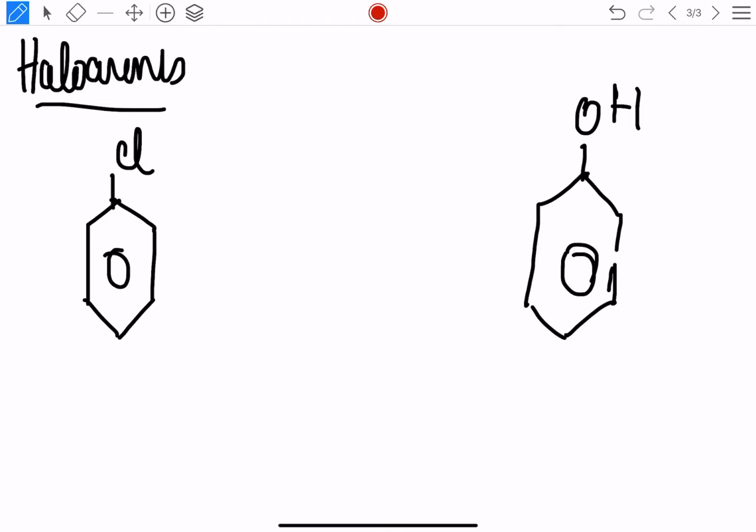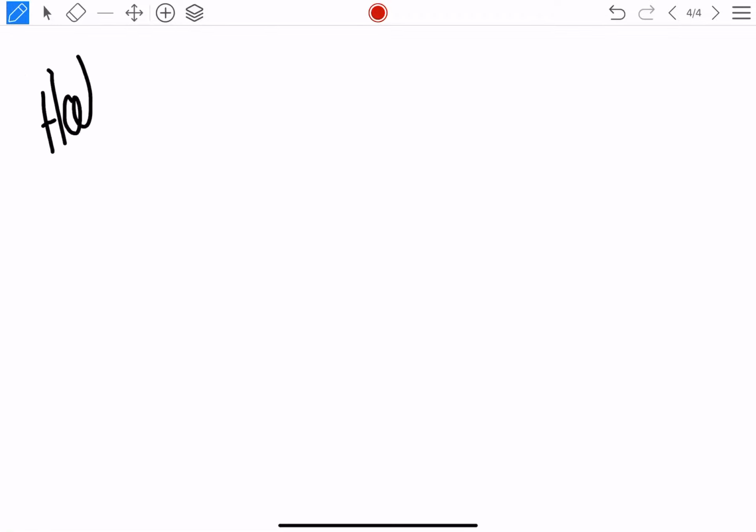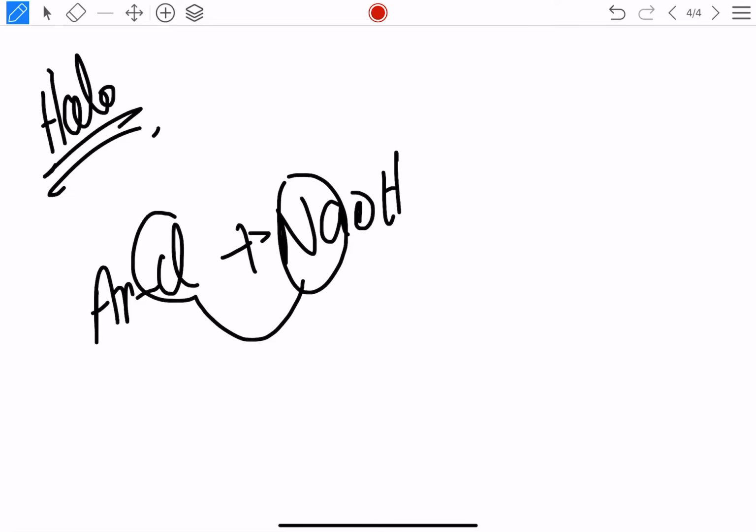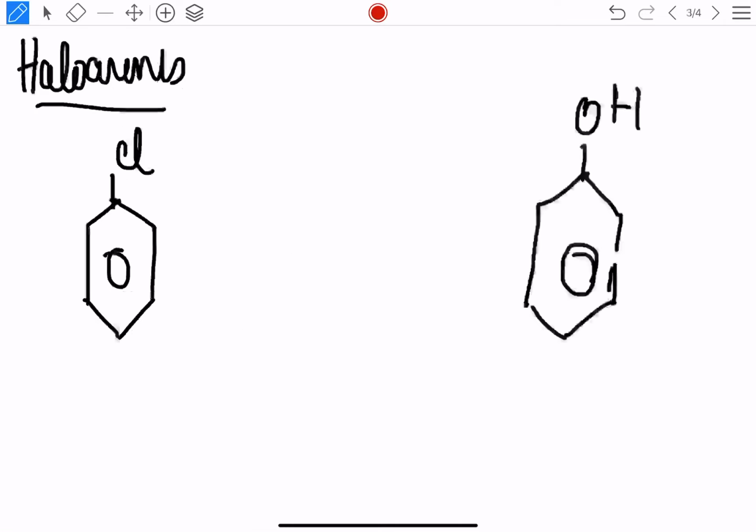This you should know from your chapter of haloalkanes: when any Ar, that is aryl halide, reacts with NaOH, the Na forms a product with Cl to form NaCl, and the OH substitutes this part, and the OH comes here. So that is the only reaction we'll be taking in mind, so let's do the reaction.